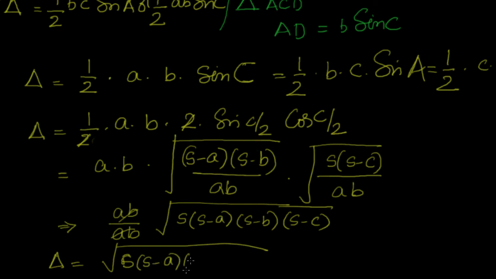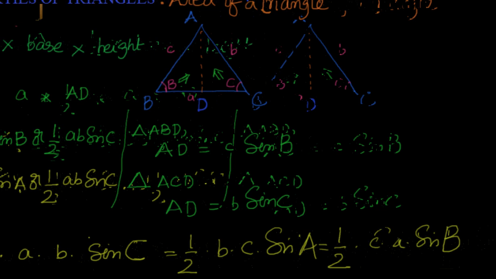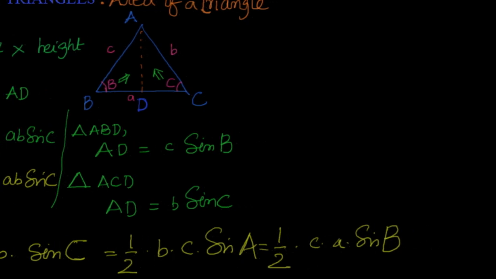That's what we have said. Now you know that sine of c, I can write it as c by 2r. So you can see that delta is nothing but equal to abc by 4r. abc by 4r. That's one interesting thing.